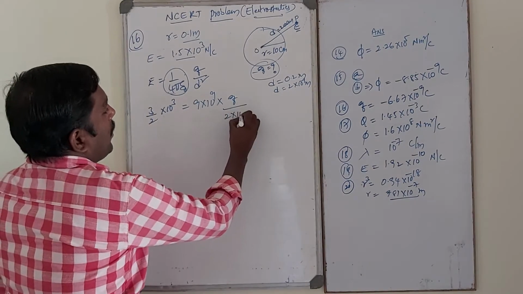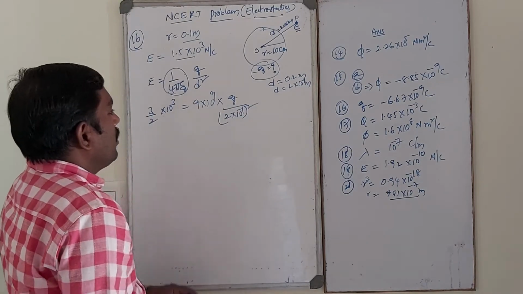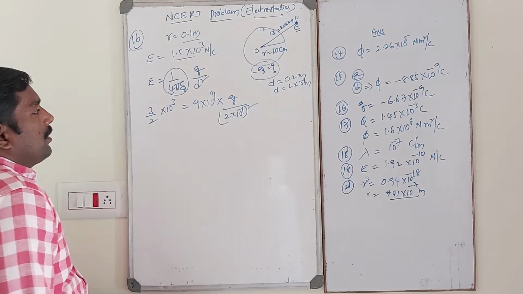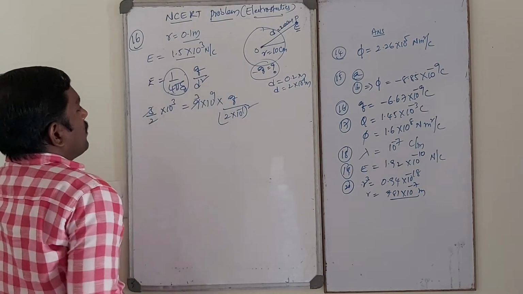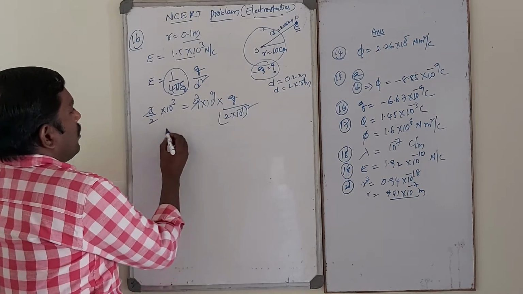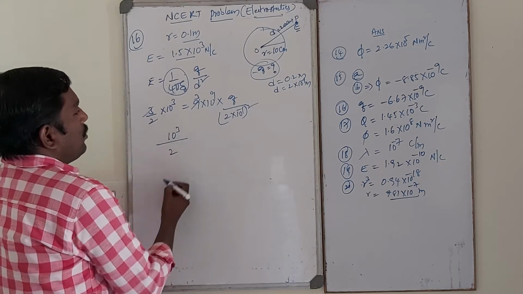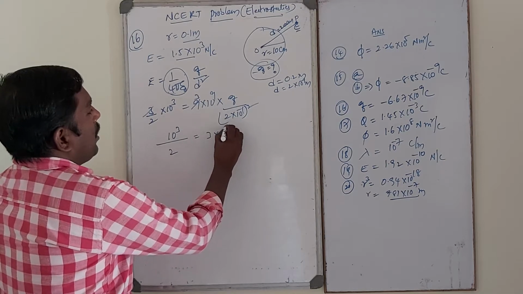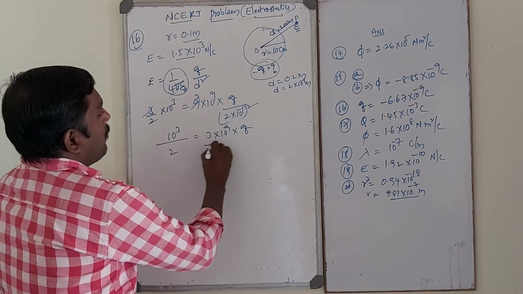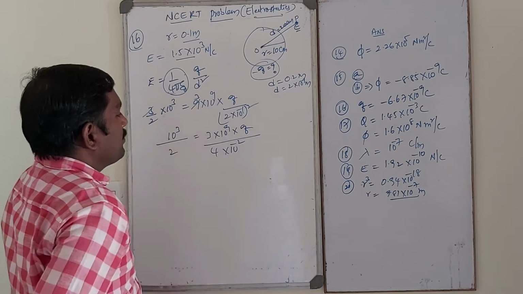So 2 into 10 power minus 1 whole square. Then 10 power 3 divided by 2 is equal to 3 into 10 power 9 into Q divided by 4 into 10 power minus 2.